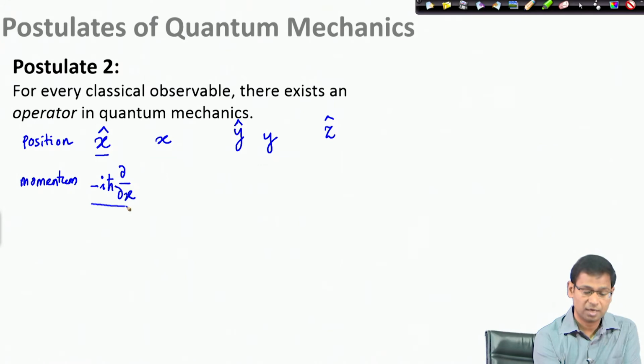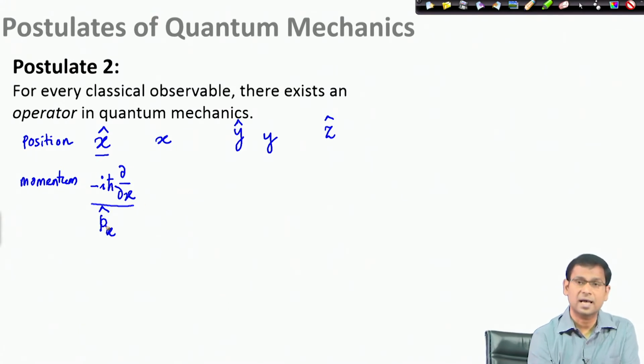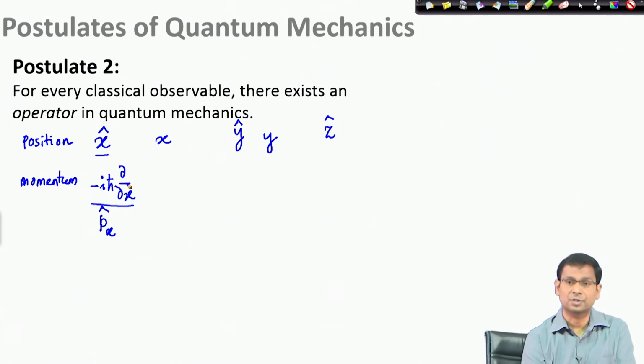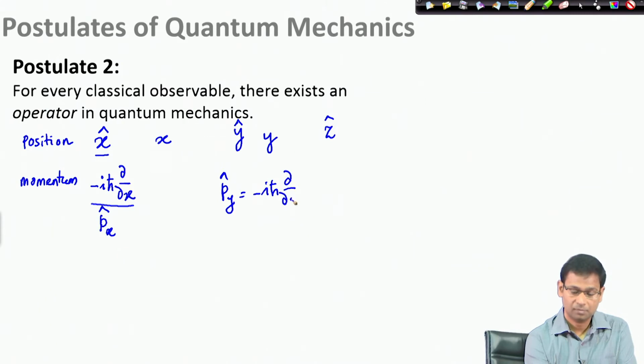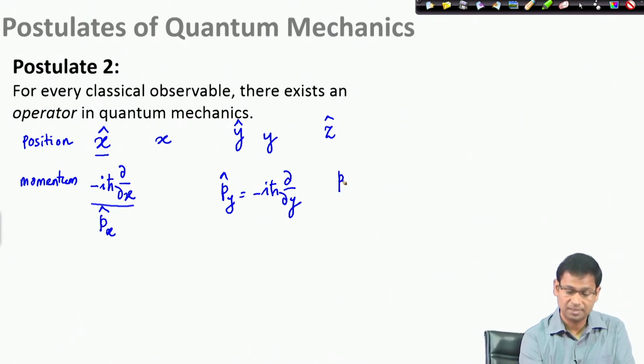So, this is the momentum operator, which I write as p x with a hat, and its action is that you multiply with minus i h bar and differentiate with respect to x. Similarly, p y is minus i h bar, the partial derivative with respect to y, and p z is minus i h bar d by dz.